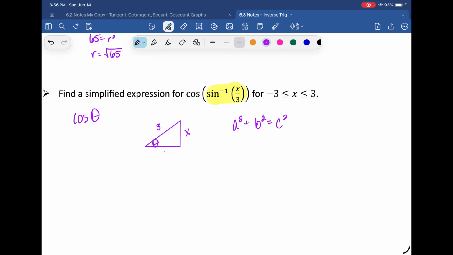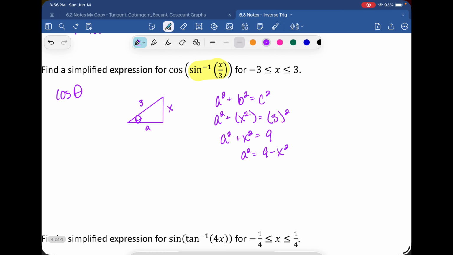Okay, so I'm going to call this one a, and we have x, and we have b. So we're solving for a. So a squared plus x squared equals 9. Subtract our x squared.